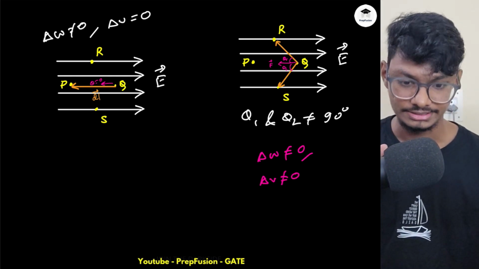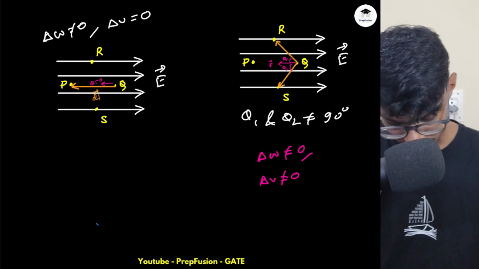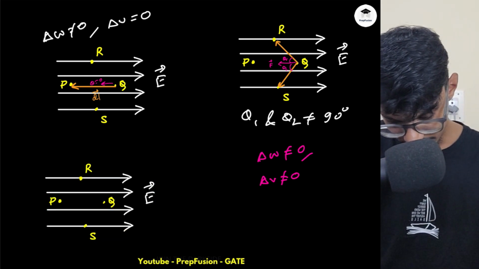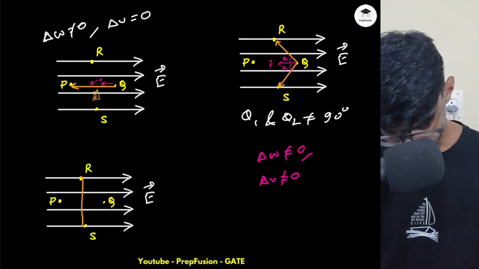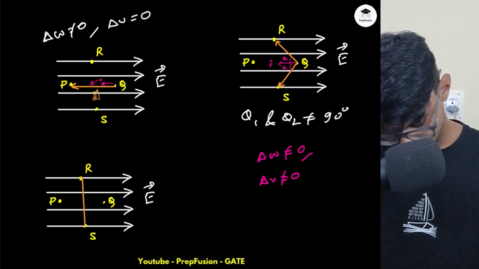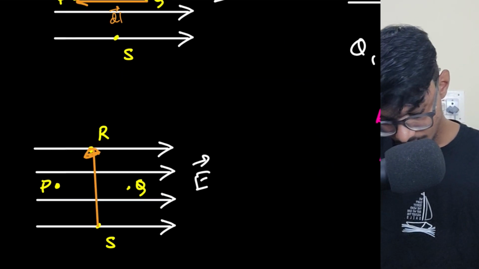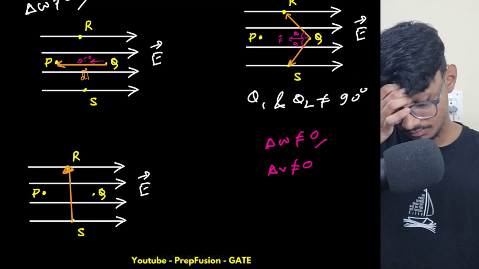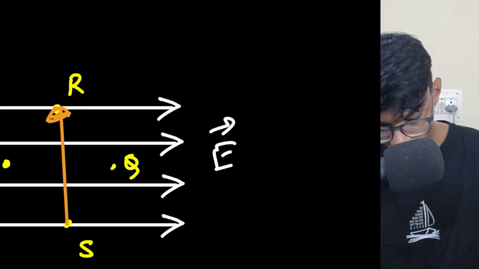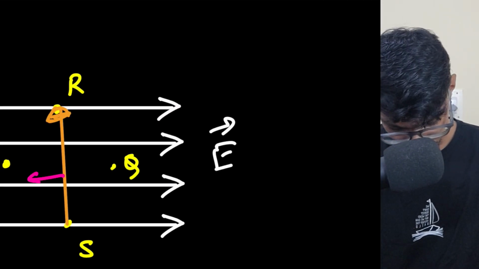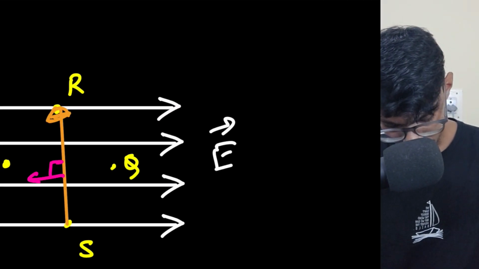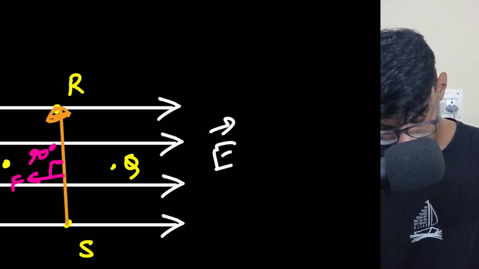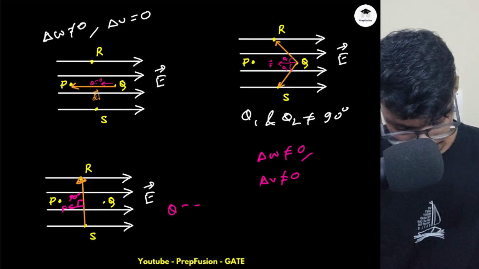Now, what else can I say about the third case? Third case is if I am moving from here to here. So what is my force? Force is here, right? So it is 90 degrees. I can directly say my theta is actually 90 degrees.